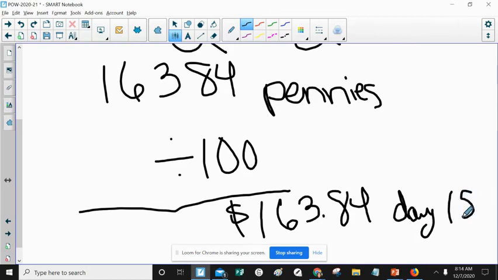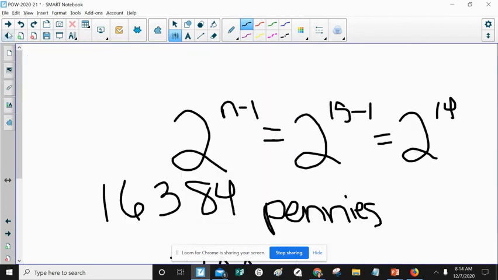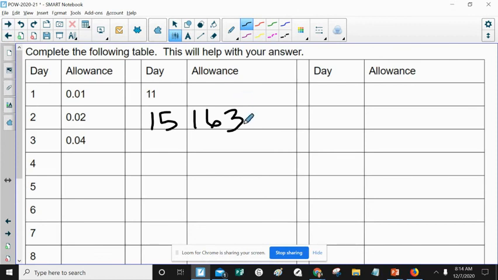Okay. So you can use the exponents to figure out how many days it takes to get over $1,000, or how many days it takes to get over $10,000. You can also go back and use your table, and you can be like, well, on day 15, I know I have $163.84. Well, I'm going to double that for day 16.